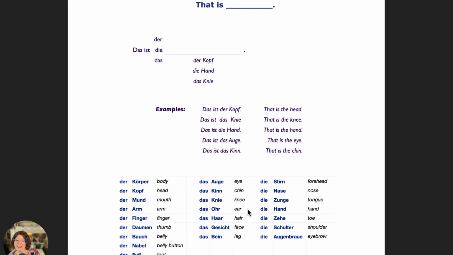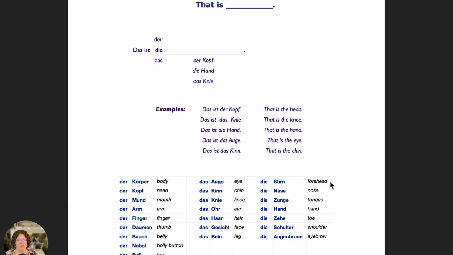That is the ear. Das ist das Haar. That is the hair. Das ist das Gesicht. That is the face. Das ist das Bein. That is the leg.